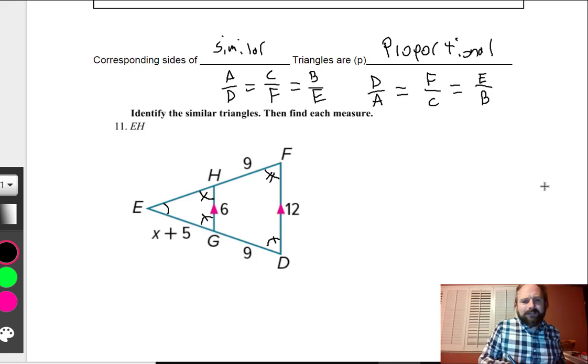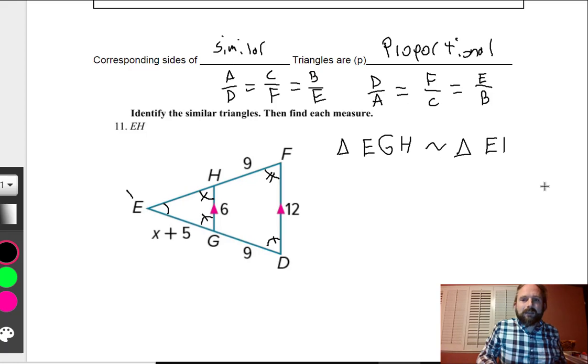I could have said, hey, this angle, angle E, and then G and D, and then be like, hey, that's two angles, so therefore it's similar. But let's write this out. Triangle EGH is going to be similar to triangle EDF, because those are corresponding vertices for corresponding angles.